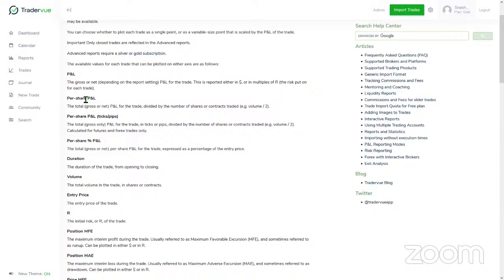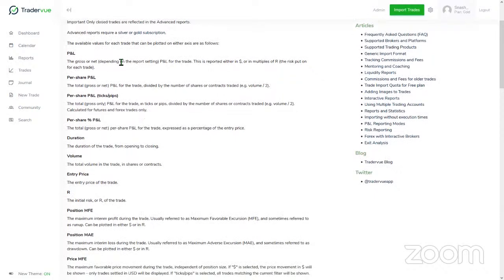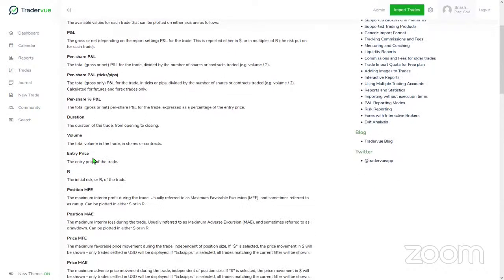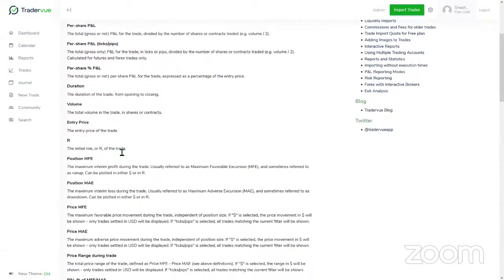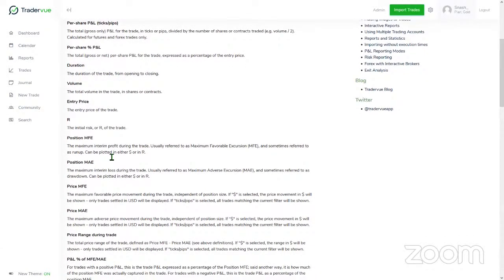It's about coming up with an idea of something that you want to measure or visualize, and then putting it in the advanced reports and seeing what conclusions you can draw out of that. And so understanding these variables is really helpful if you want to play around with the advanced reports like a professional trader basically.